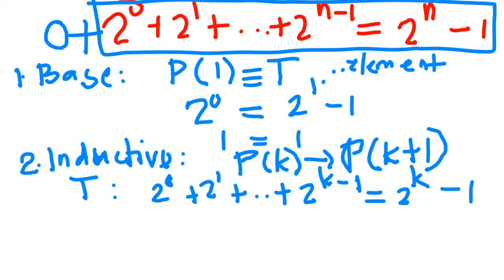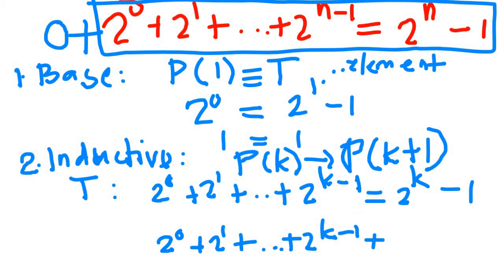What we're trying to prove here is P of k plus 1, which will be equal to 2 to the 0 plus 2 to the 1, up to 2 to the k minus 1, and the next element after that is 2 to the k.